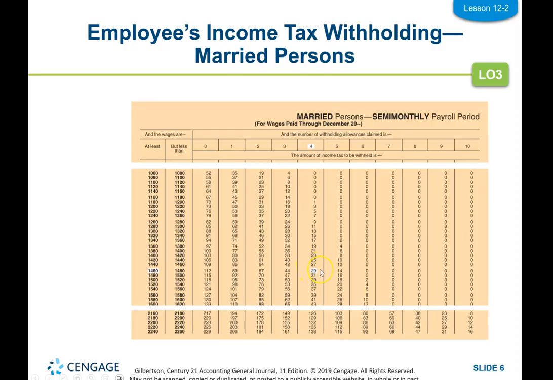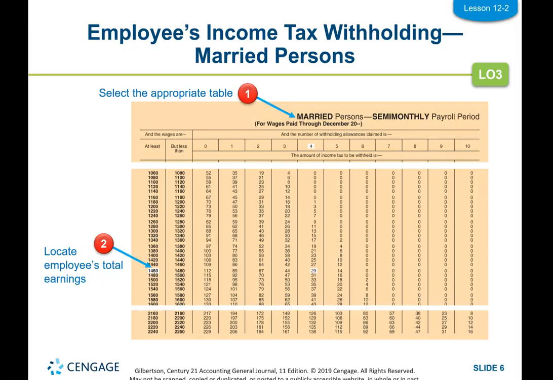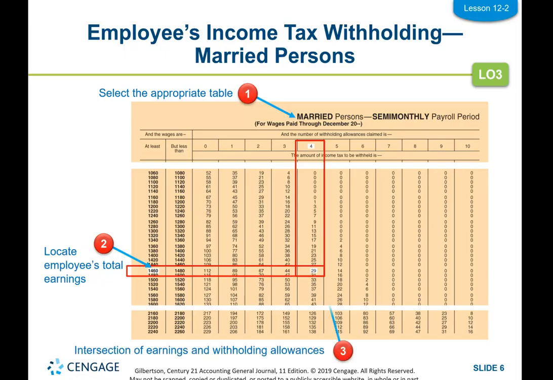So he should have $29 withheld from his paycheck. So there's a separate schedule for single and a separate schedule for married. And then you just track across, right? Very easy to read.